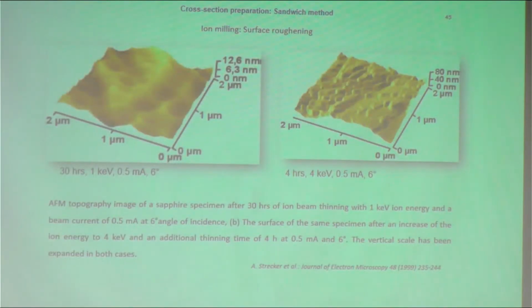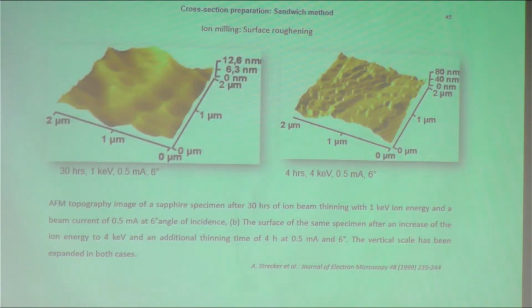Then the problem with ion beam thinning is surface roughening. This is because it is a method based on the ion beam, so you have to amorphize and then remove these amorphous layers from the surface, and this brings some roughness.